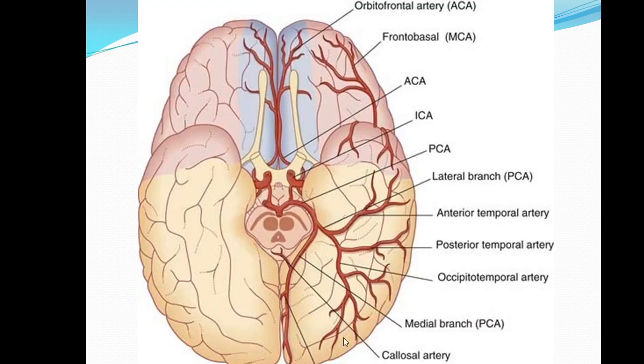In this diagram, you can see here this area of the orbital surface, the medial area. This is supplied by the anterior cerebral artery.